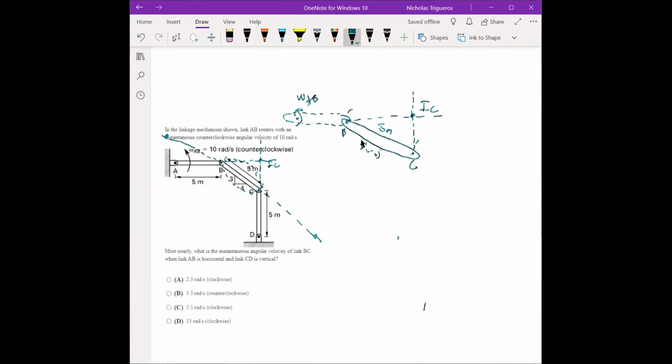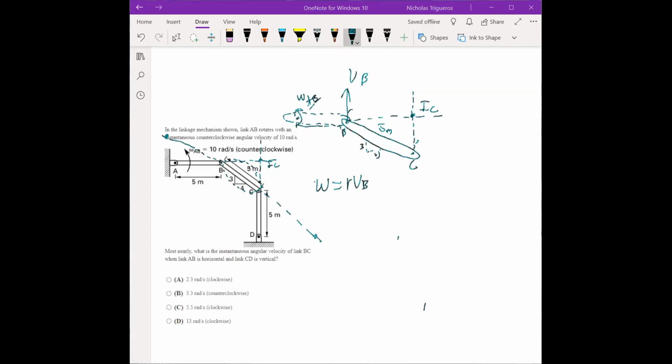So if you remember your angular equations, if we have an angular velocity and a radius of action, we actually can find the tangential velocity here, VB, which is nice because we need that. Because we need to take what we know here at AB and relate it as far over to the right side as we can to try and find information about BC. So angular velocity is equal to what? R VB?